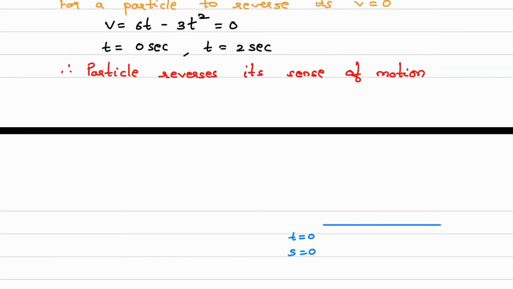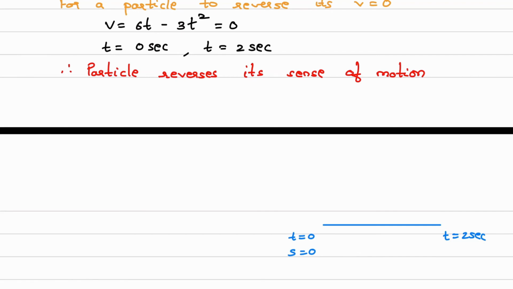So now we will draw the diagram. Suppose this is the diagram. At t equal to 0, s is equal to 0. Then next is t equal to 2 seconds, where it will reverse the direction, right? So we'll write down that the time at this location is 2 seconds.